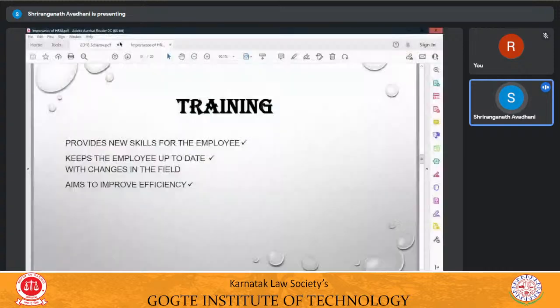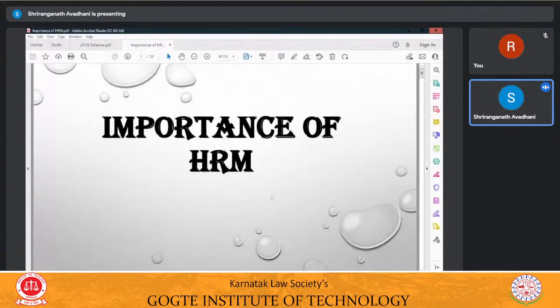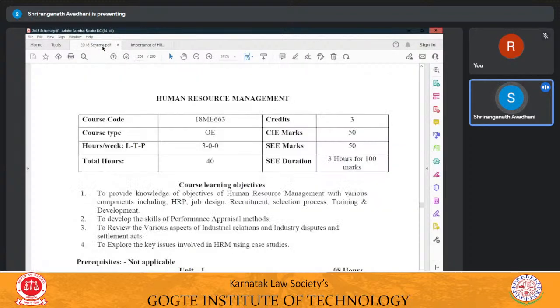As you already know, in the syllabus or the scheme, you can see it is the same as that of the other open electives. It is 18 ME 663, 3 credits, open elective, and CIE marks are 50, SEE is 50. So the hours are 3 hours in a week, a total of 40 hours I have to take the class, and 3 hours for the 100 marks exam.